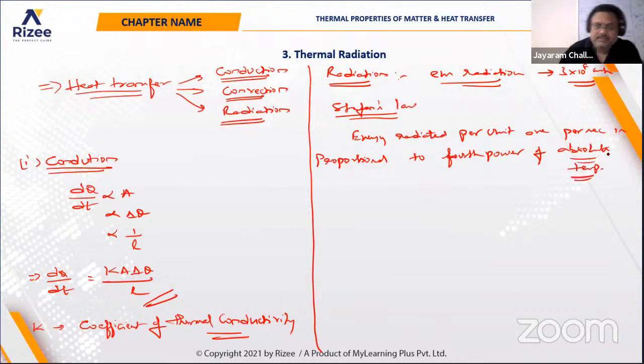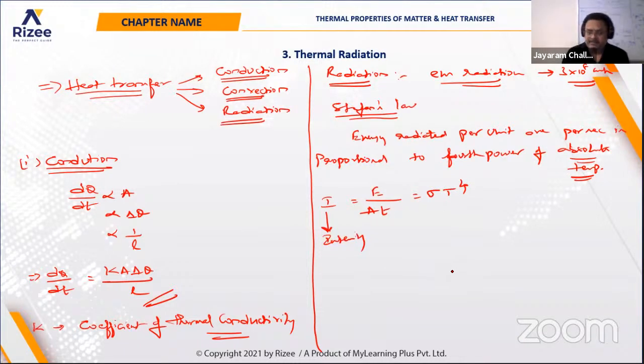Okay, so this is the one basically. That means energy by area into time, which is nothing but what is called I, and you can say that I is the intensity. Intensity is equal to sigma into T power 4, or I can also go for an emissivity.